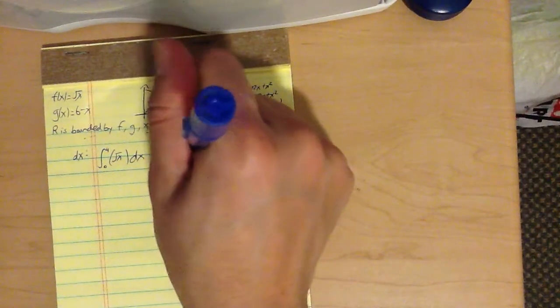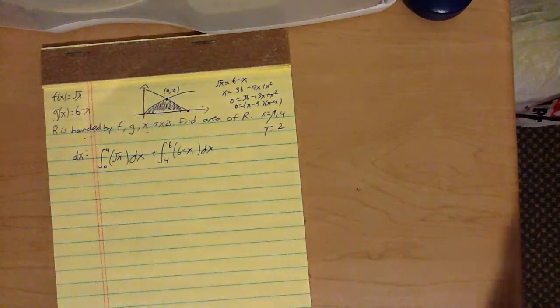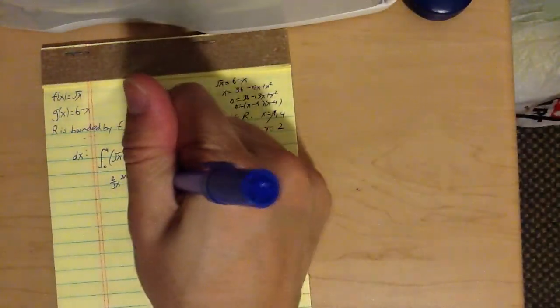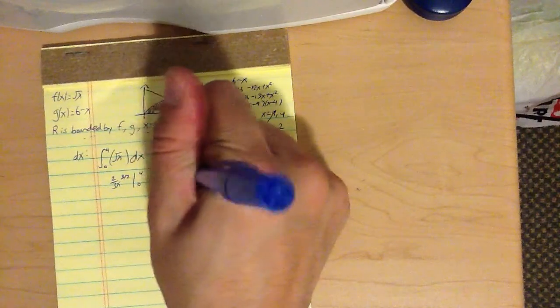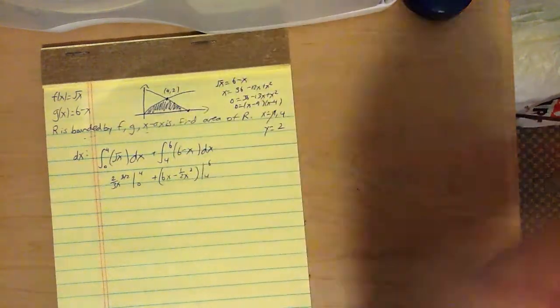The upper curve is 6 minus x, and again the lower curve is 0, dx. Both of these are simply the power rule: 2/3 x to the 3/2 from 0 to 4, plus 6x minus half x squared from 4 to 6.